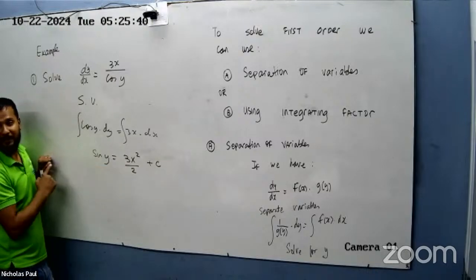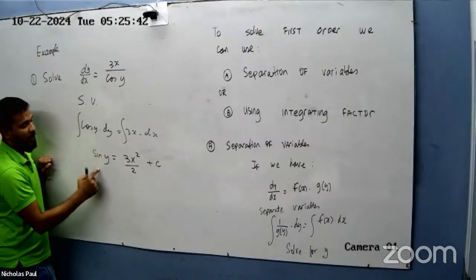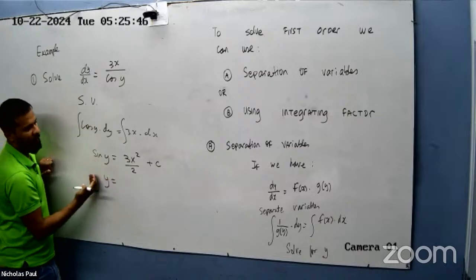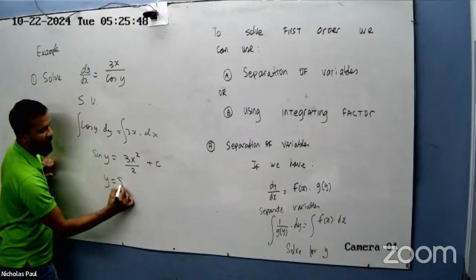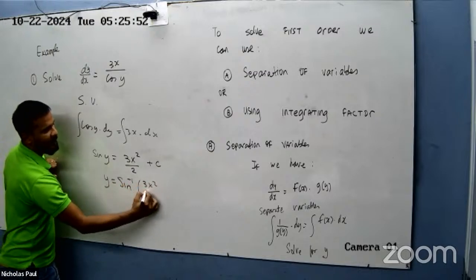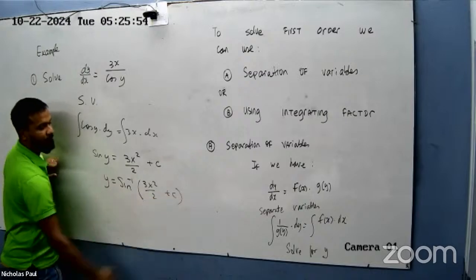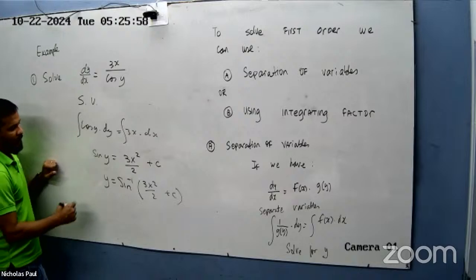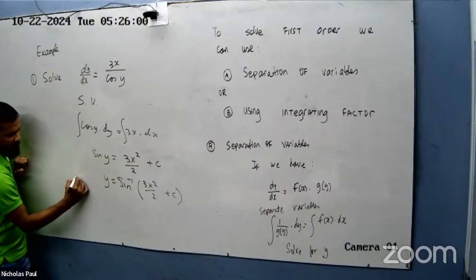And the last part is to make y the subject, or you can leave it like this. But generally we make y the subject. So that's sine inverse of 3x squared over 2 plus c. They include the plus c in there as well. You have to remember the name of this solution.